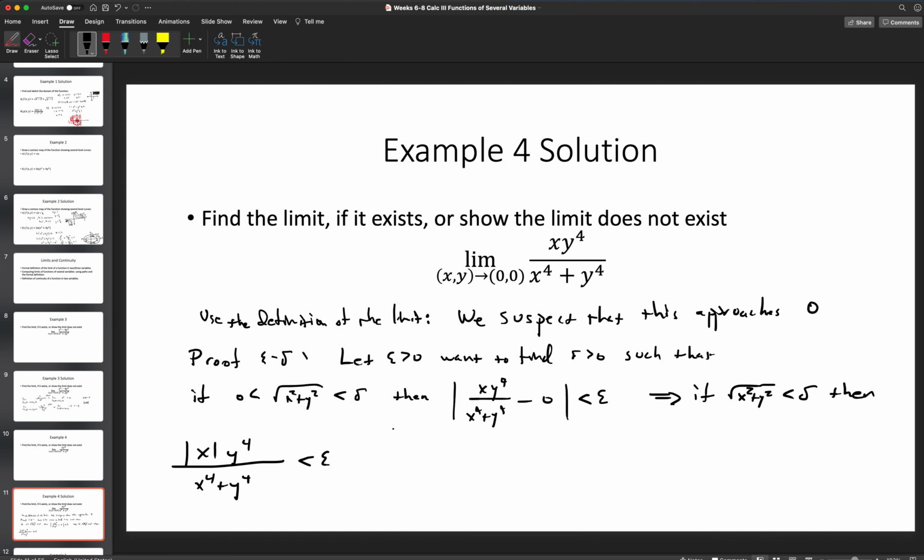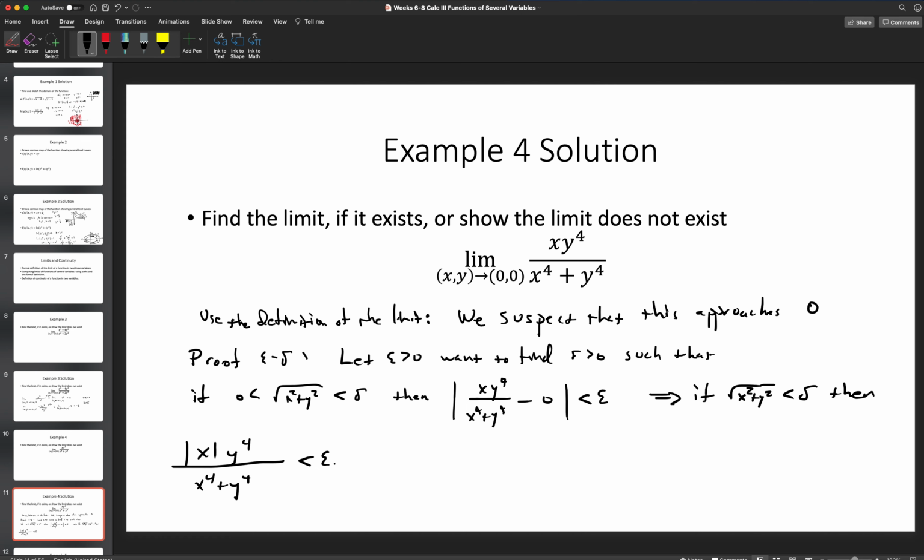And we can also take the absolute value of each component of this fraction, and x to the fourth plus y to the fourth is always positive. Y to the fourth itself is positive for any y value that you choose, so the only one that gets the absolute value would be the x. So that's how we can break this down a little bit further.